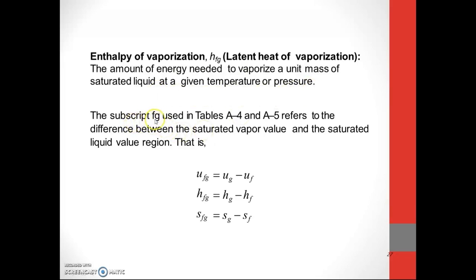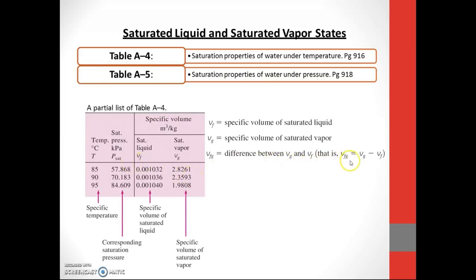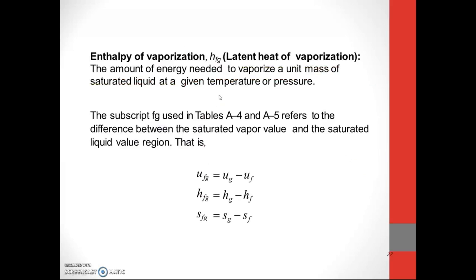The subscript fg used in tables A4 and A5 refers to the difference between the saturated vapor value and the saturated liquid value. Such as we have discussed before, Vfg equals Vg minus Vf, right? So the same goes for the others.